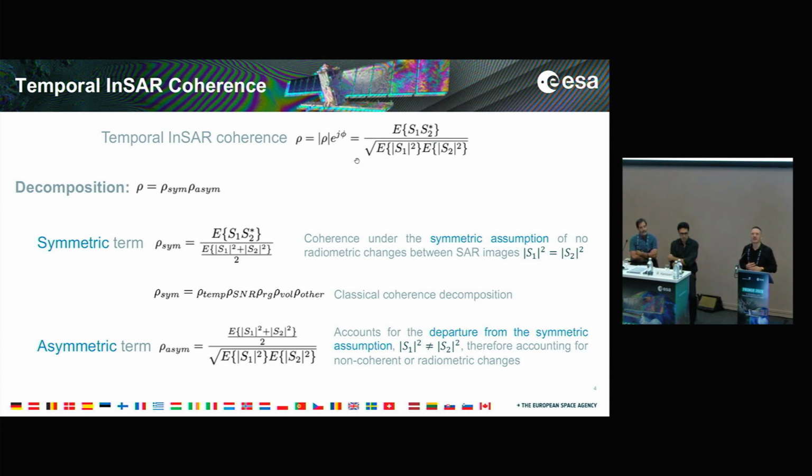You can find the different multiplicative terms that affect that symmetric term. And we have a second term, which we call the asymmetric term, which accounts for the departure from this symmetric assumption.